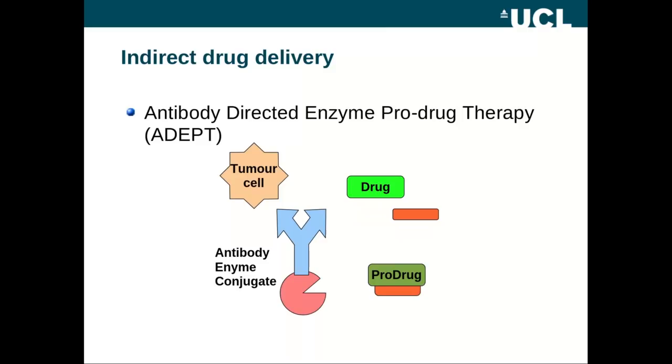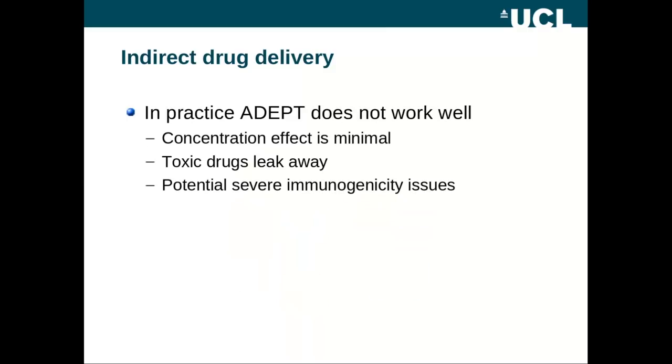In practice, however, ADEPT really doesn't work very well at all. The high concentration effect is minimal and consequently you have to use extremely toxic drugs, and those then just leak away, spread around the blood system and spread their toxicity everywhere else.